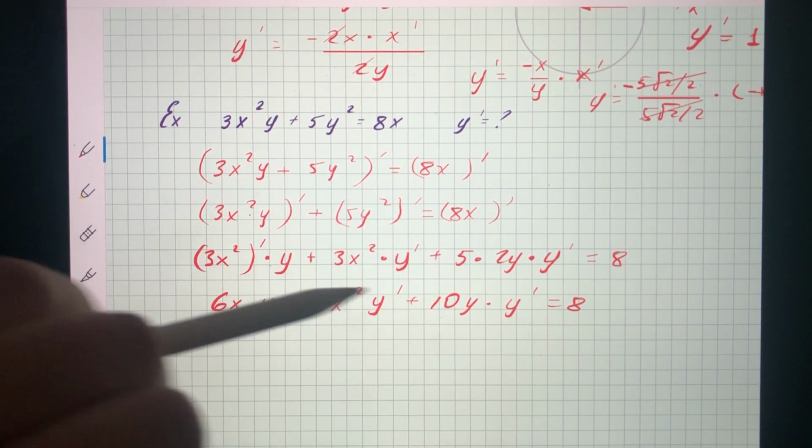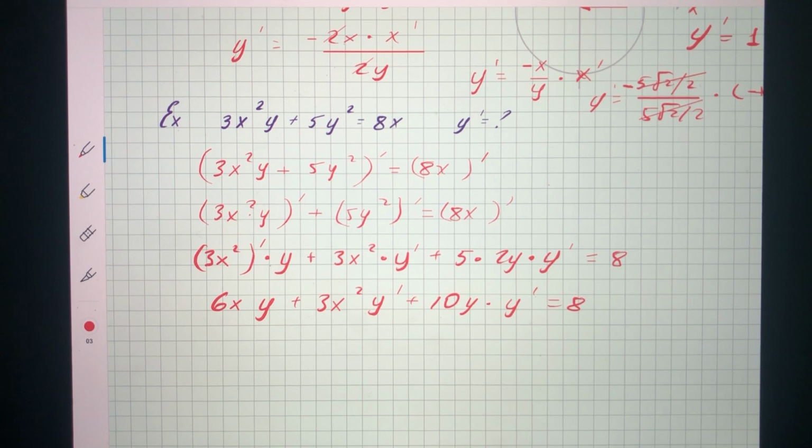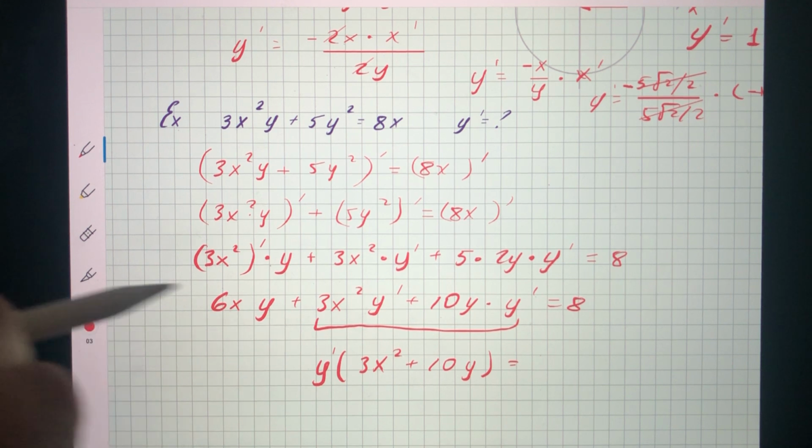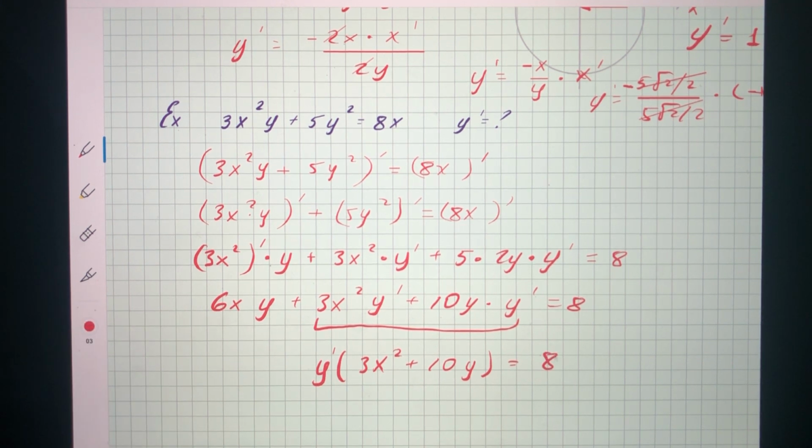Let's move it over to the right side. And in the same time, we will factor out the y prime from these two terms. So taking y prime, we have 3x squared plus 10y. And at the same time, we're subtracting 6xy from both sides, making 8 minus 6xy.